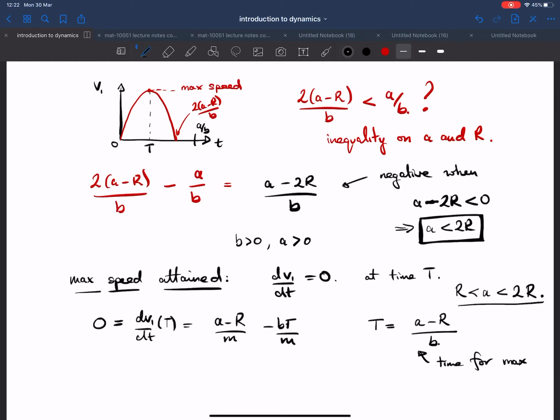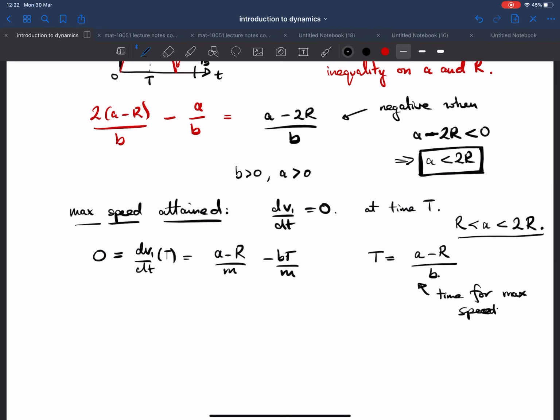Now, what about v1 of t? Well, v1 of t is the following: A minus R over m times capital T minus b t squared over 2m. To save on a bit of algebra, I'm going to use a power tool to crank this out, and you can double check this in your own time.